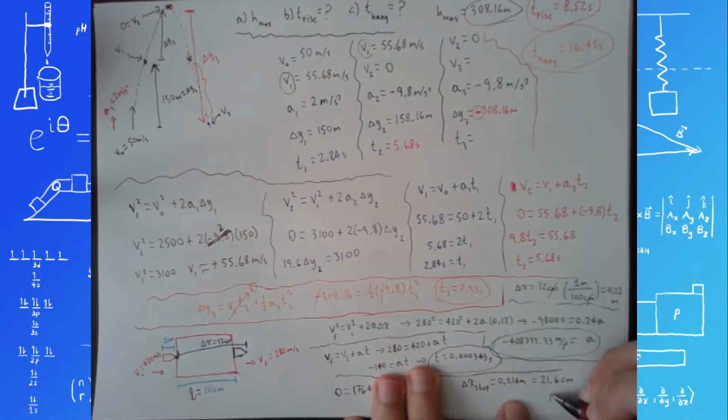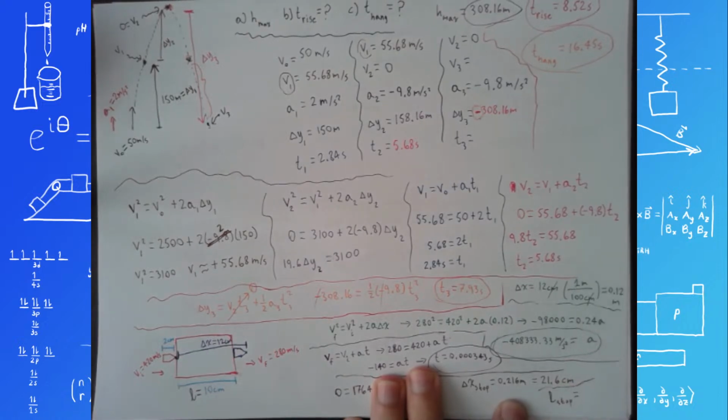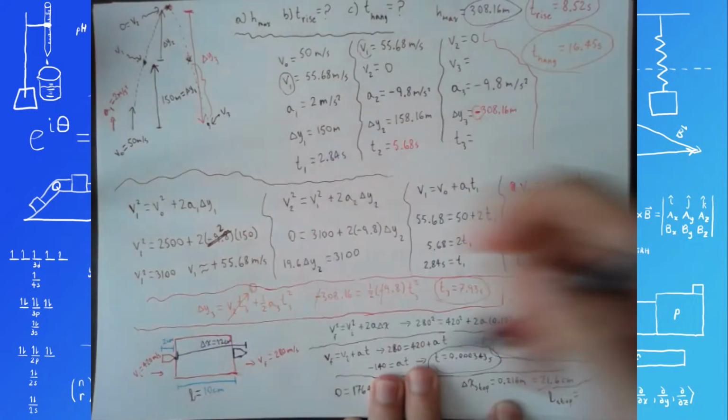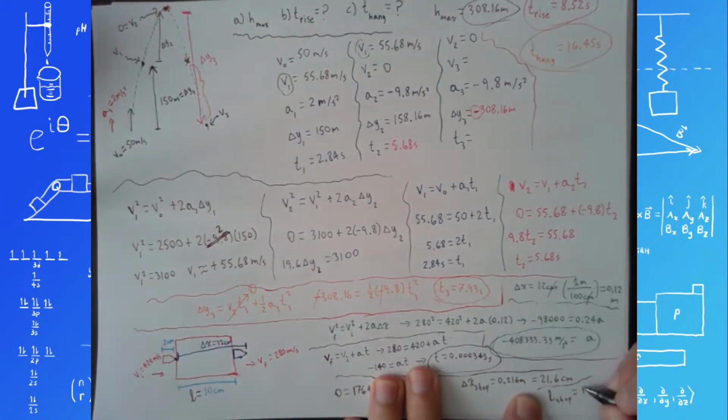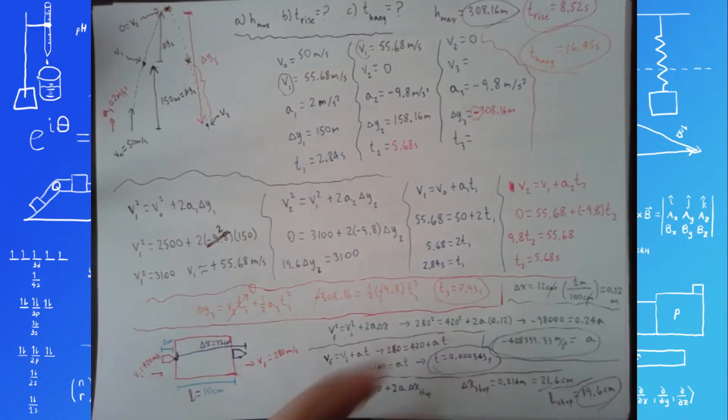The L required for stopping the bullet is 21.6 minus the 2 centimeters. That's going to be 19.6 centimeters. And there we go.